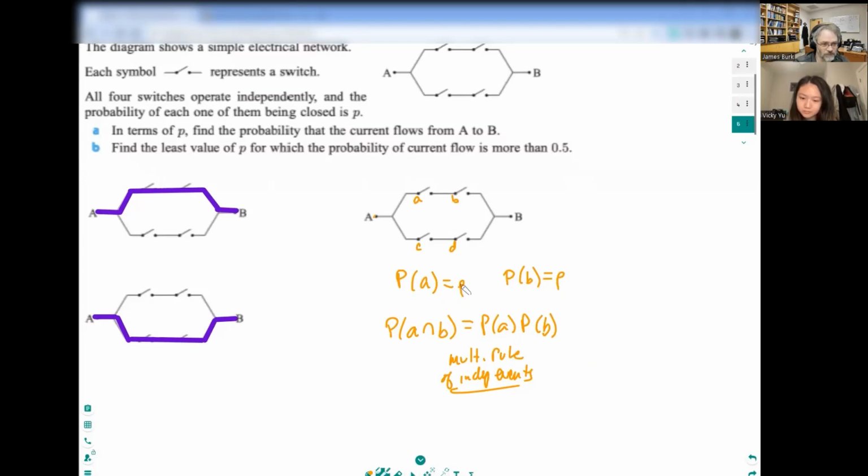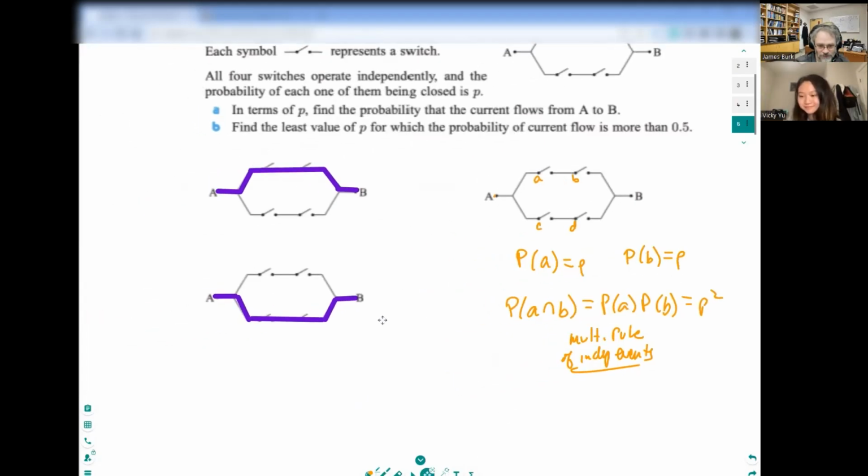And you just told me that P and P, that's P squared. Now, what do you think is going to happen down here? Same thing, right? Okay, does that all make sense?